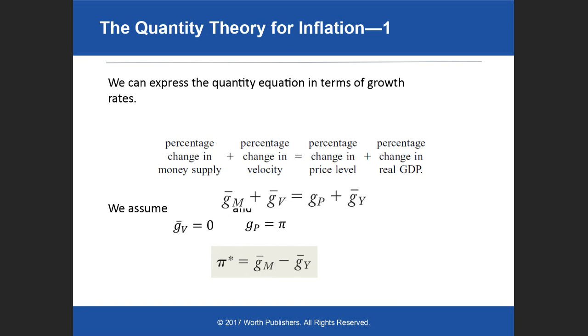So I thought it was important for you to realize that if you see MV equals PY, and you took the logarithms of that, it would be the log of M plus the log of V equals the log of P plus the log of Y, which are growth rates in effect, not quite mathematically, but virtually growth rates.